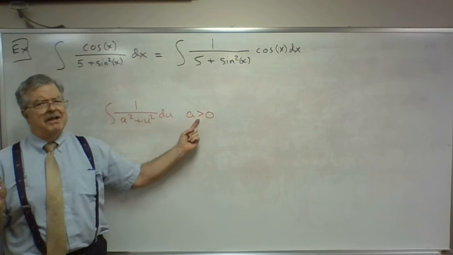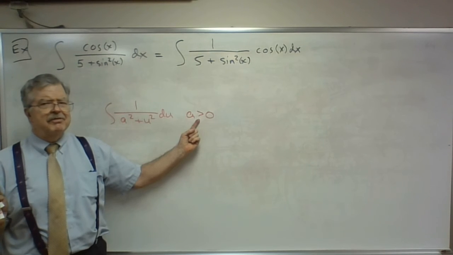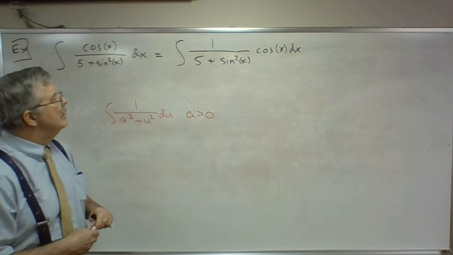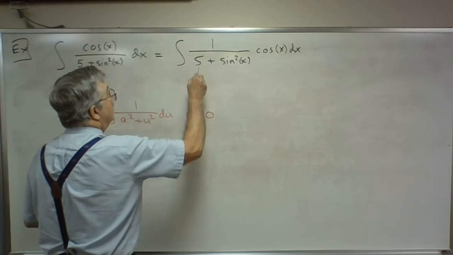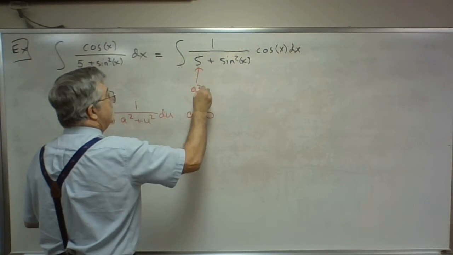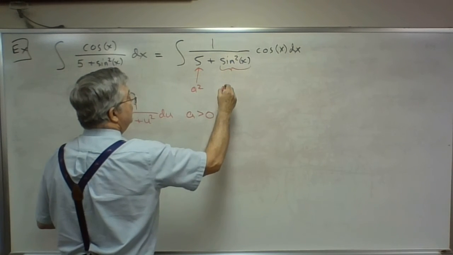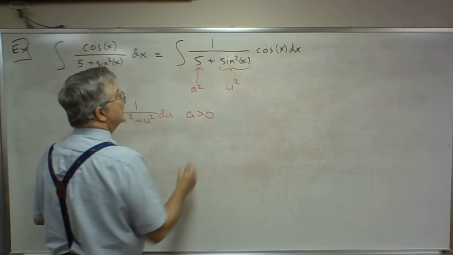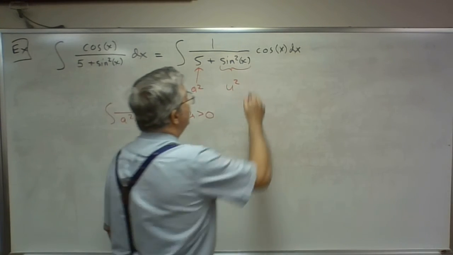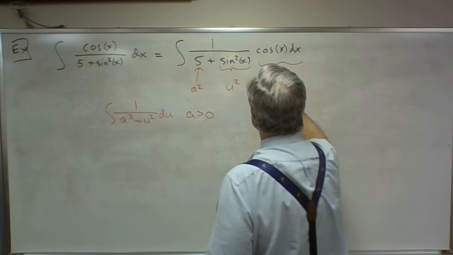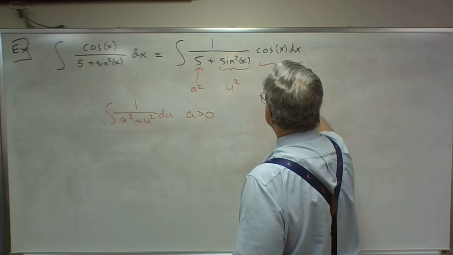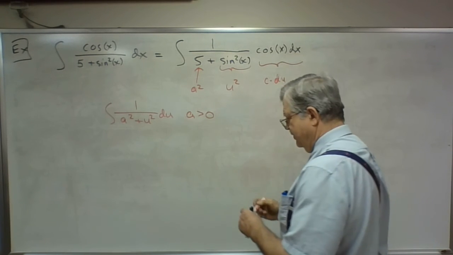We never said that A had to be a perfect square. This is going to be my A squared. This is going to be my U squared. And this thing, some constant times du.